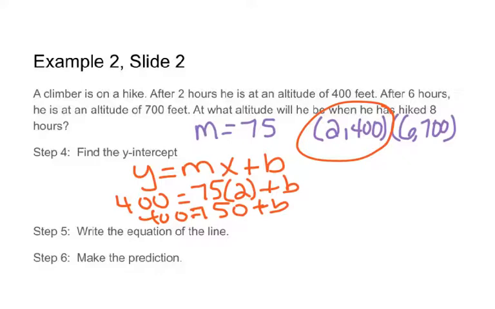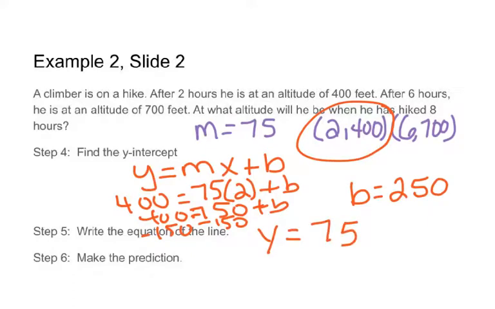And so then I'm going to take the 150 away from each side. So the b value turns out to be 400 minus 150, which is 250. So that's the altitude he started at. So this climber is climbing 75 feet per hour, but started at an altitude of 250.